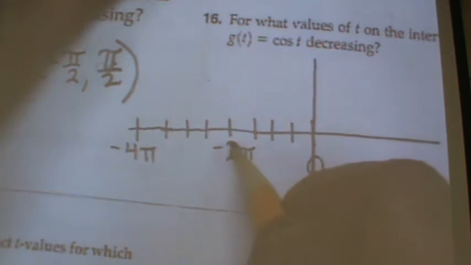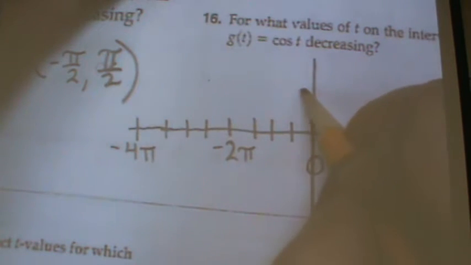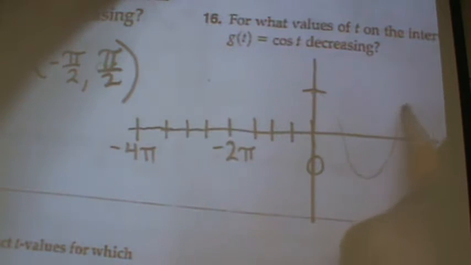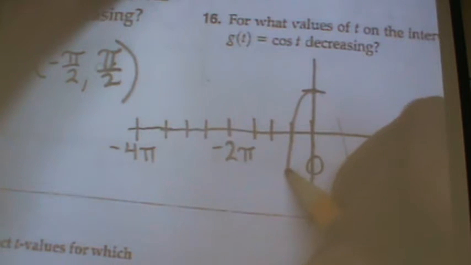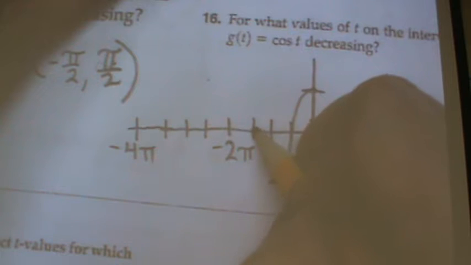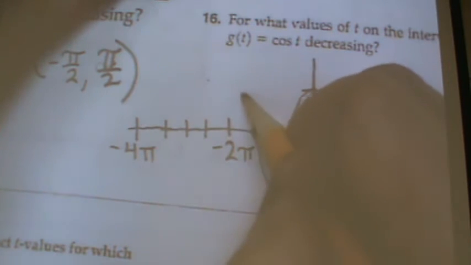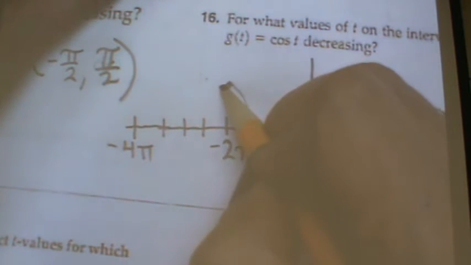Cool, thank you. Okay, so does everybody understand this is negative 2 pi here, and this is negative 4 pi? So the cosine graph, it looks like it's normally going this way, right? We've seen it that way. Let's go the other way, because we want to see, this is going to be here, and here, and up here, and here, and here, and here.